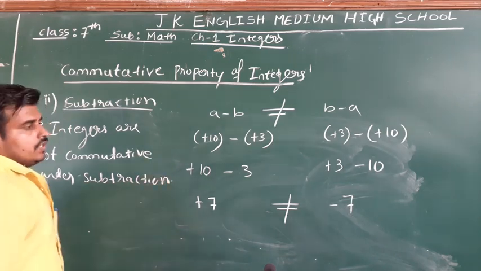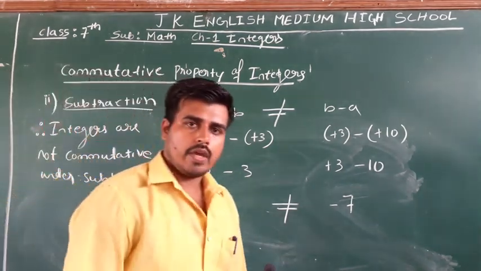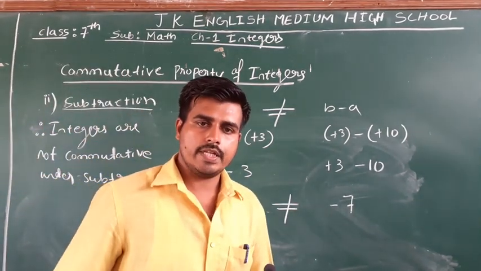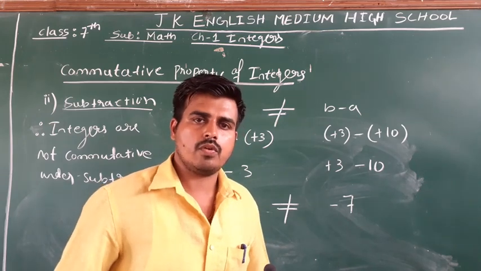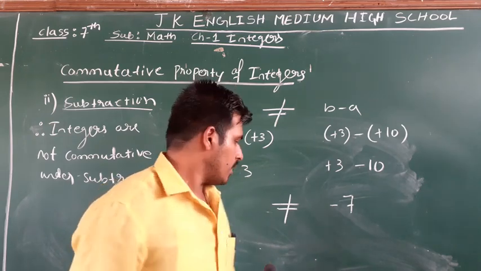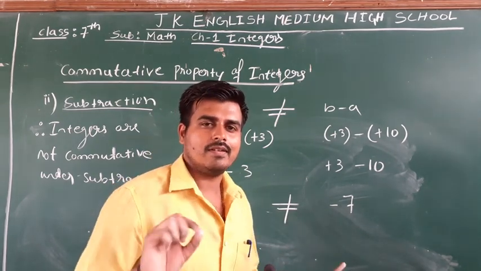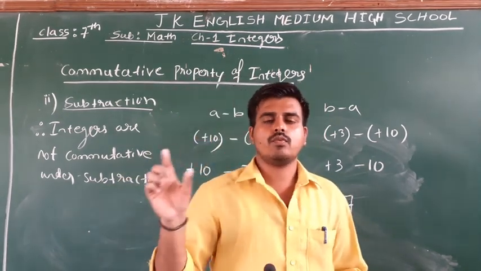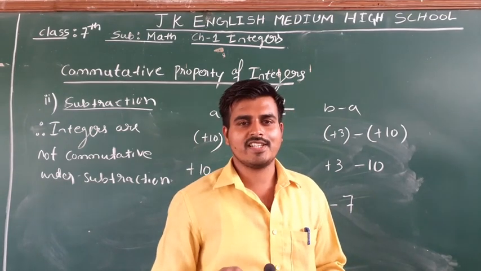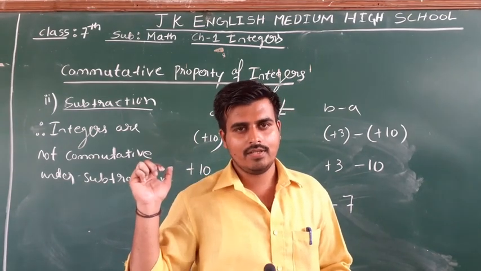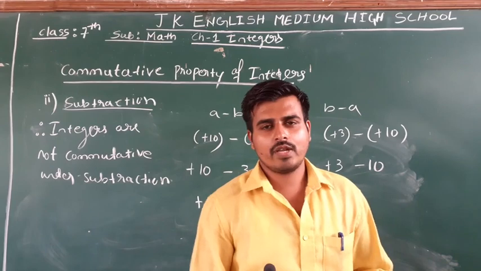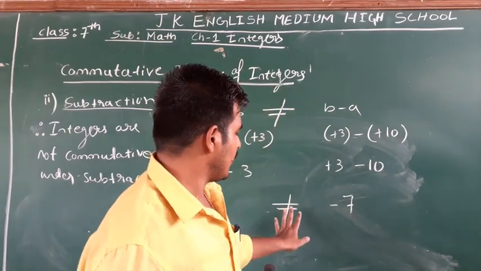Okay, so I am solving one example. You can put different values of integers in place of a and b. You try it at home. If you get the same answer, please click one photo of your solution and send it to my number. We'll check, because I am very sure that you are never going to get an equal sign.